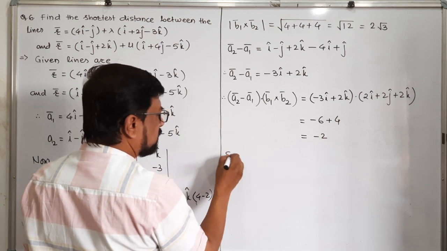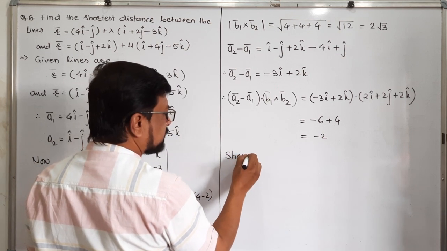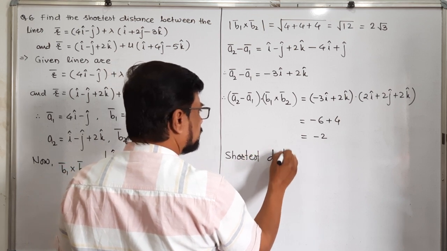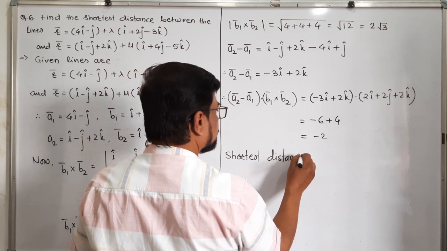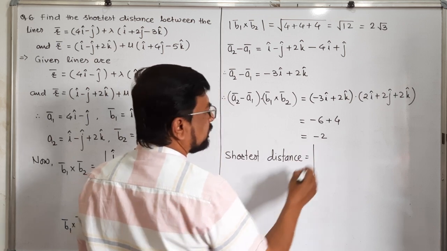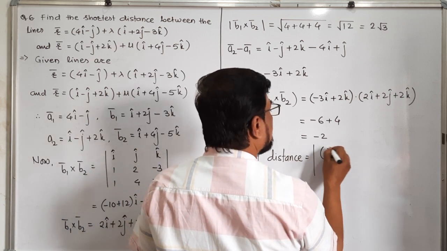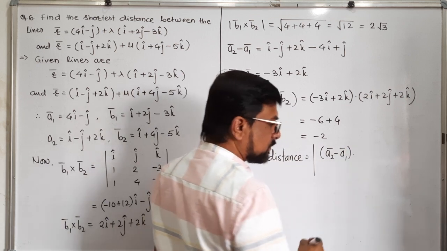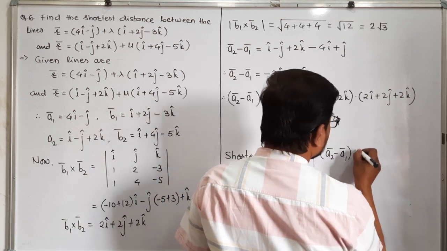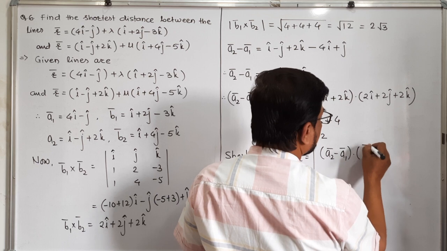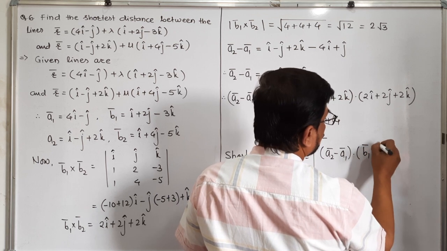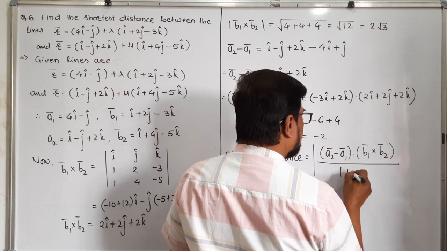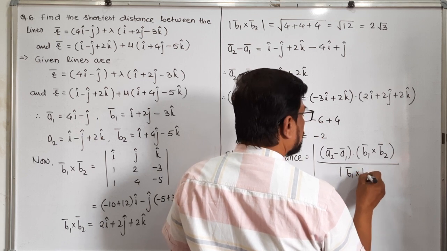Now the shortest distance between lines is equal to mod of a2 vector minus a1 vector dot b1 cross b2, divided by magnitude of b1 vector cross b2 vector.